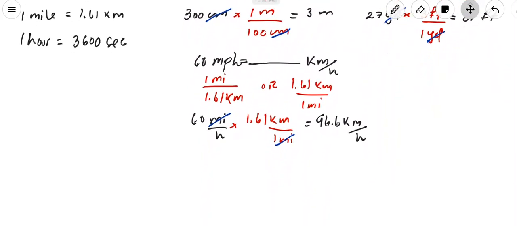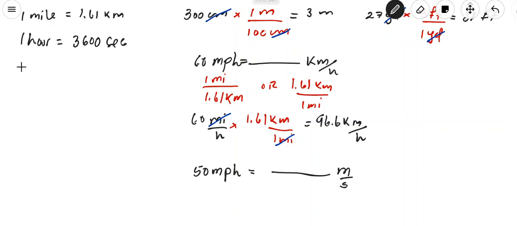Suppose that now I have just 50 miles per hour, and I want to get meters per second here. So I have a problem because this is the information I have available. So I will convert the miles into kilometers and later the kilometers into meters.